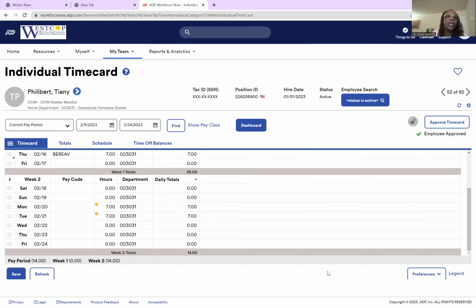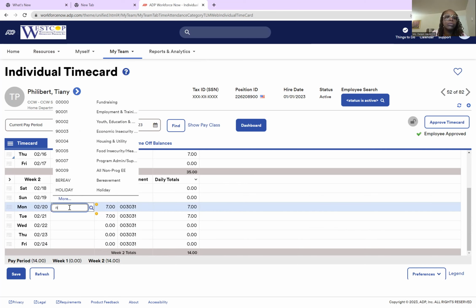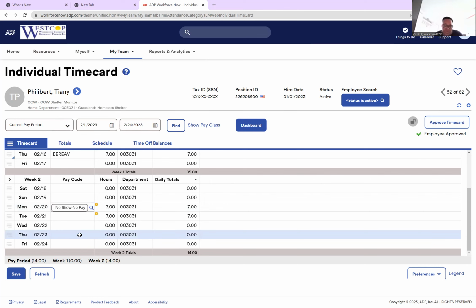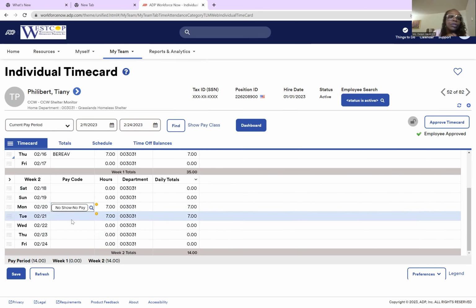She was supposed to return Wednesday the 22nd, and she called out for the 23rd. So she didn't come in Monday the 20th? No. Right, the 22nd is when she returned.